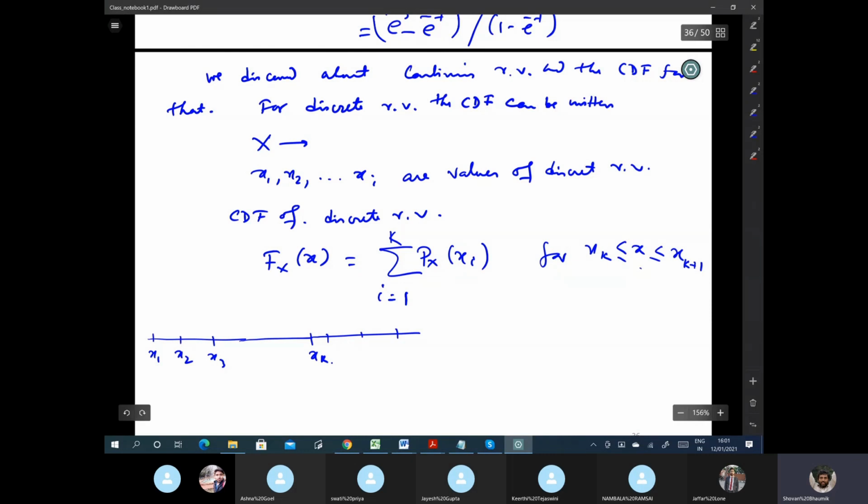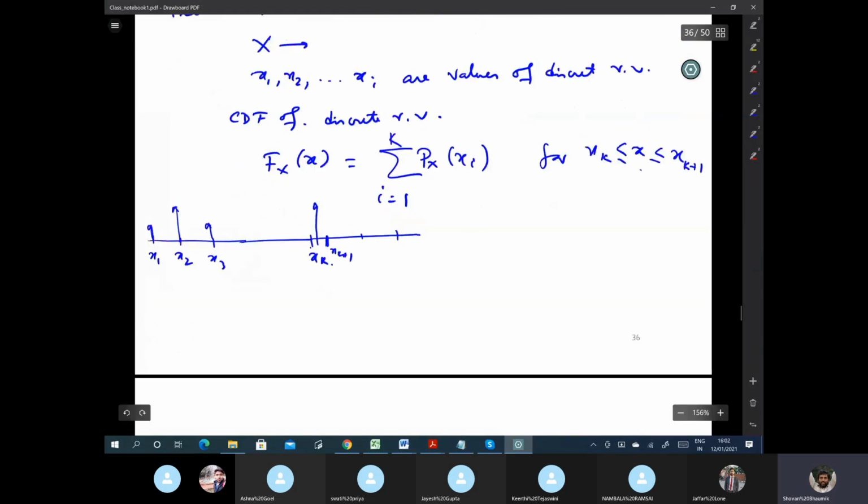If x is in between xk and xk plus 1, then this will be the sum of probability of all x. That means if x is here, we need to sum the probability up to xk: probability of x1, plus probability of this, plus probability of this. All these together, if we sum, we get the Fx. Similarly at every point we do like this and get the Fx. So this is basically the Fx we received from the probability mass function.